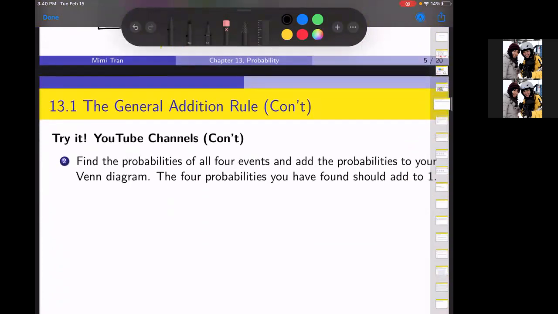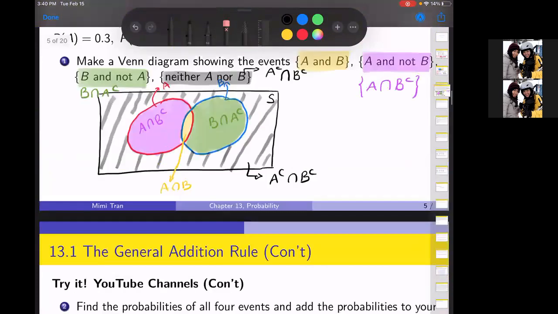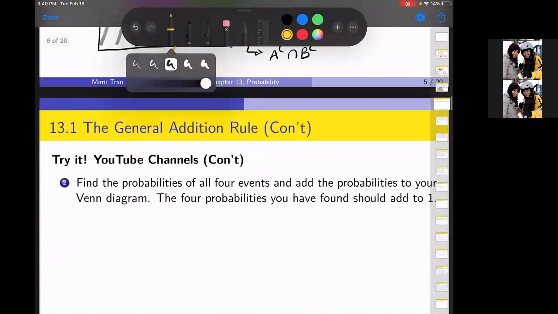Find the probability of all four events and add the probability to your Venn diagram. Well, we're not going to add, but we're going to find the probability. So the first one is the and, which I did in yellow. I want to know what P(A and B) is. Well, I don't have that rule, but what do I have?